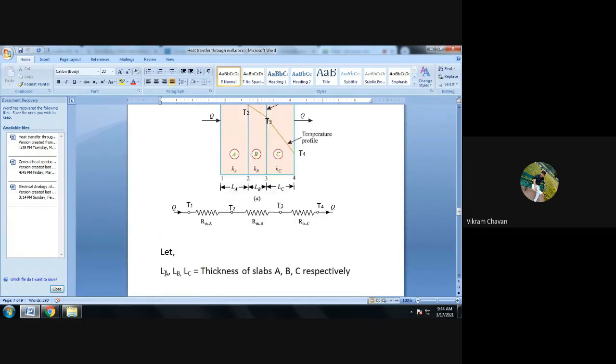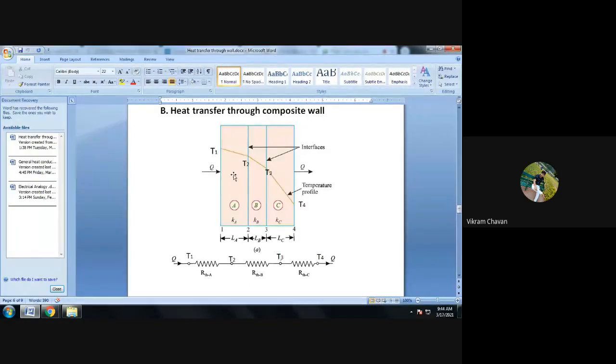Here the total amount of heat transfer is Q, so a similar amount of heat transfer should happen through slab A, slab B, and slab C.